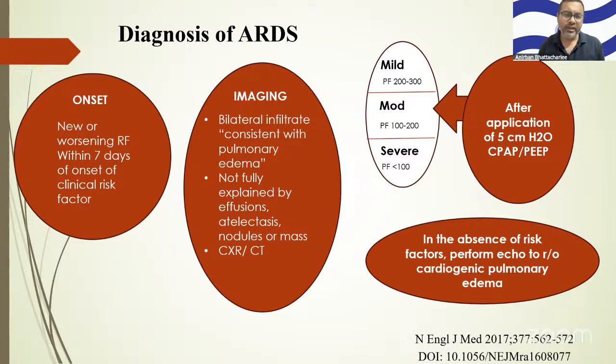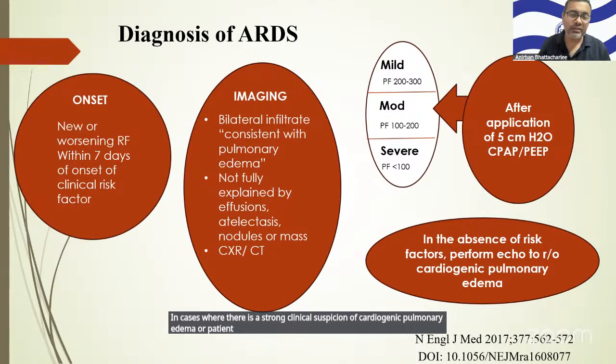But the Berlin definition has specifically mentioned that if your patients have a known clinical risk factor for ARDS and you have a very strong clinical suspicion of ARDS, you need not always do an echocardiography to rule out cardiogenic cause before diagnosing ARDS. In cases where there is a strong clinical suspicion of cardiogenic pulmonary edema or the patient does not have traditional risk factors, that is when we do formal echocardiography to rule out cardiogenic pulmonary edema.